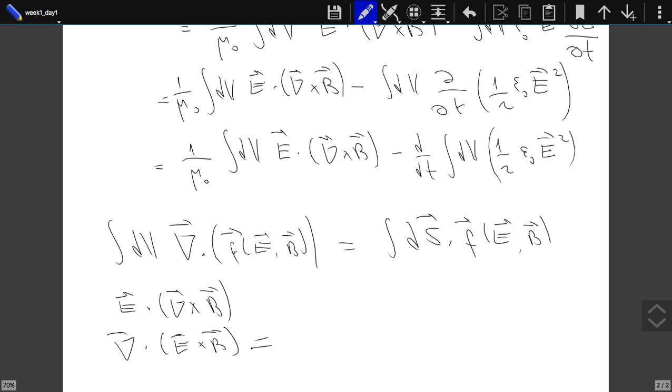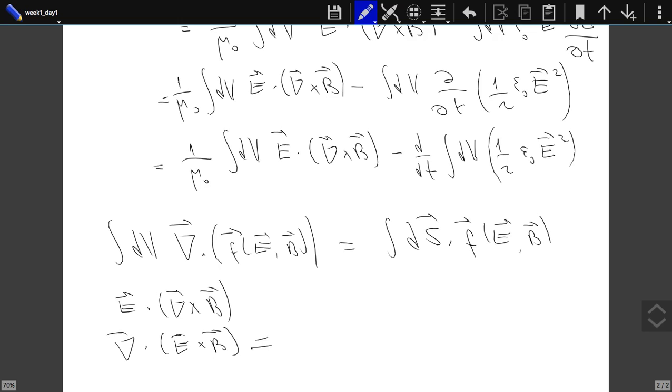Maybe the divergence of E cross B. Maybe this divergence will contain this term plus some other term which might be nicer. This divergence, within the integral, taking the volume to be infinite, just goes to 0. And this term remains over here, so it will allow me to write this term in terms of some other term, which maybe I will be able to write as a total derivative.